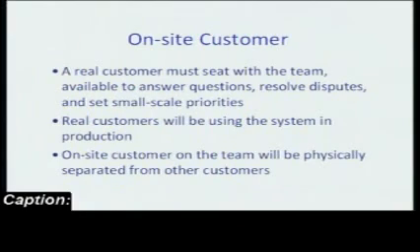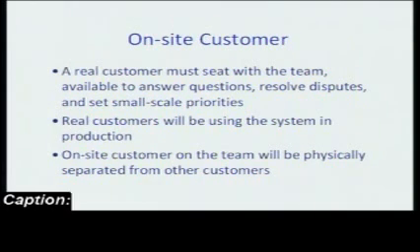The on-site customer must be co-located, should be able to answer questions, make decisions. If there is conflict between two stories, the customer should be able to take action and resolve them. When asked, should be able to assign priorities to some of the stories.